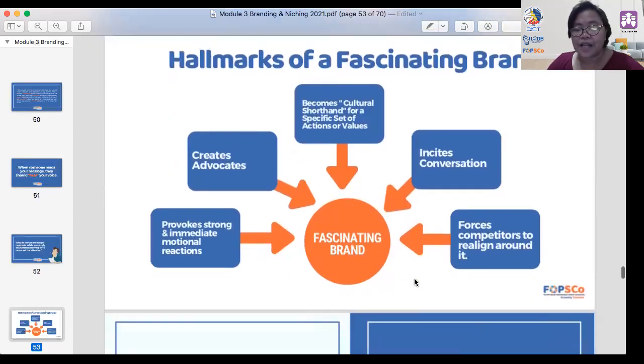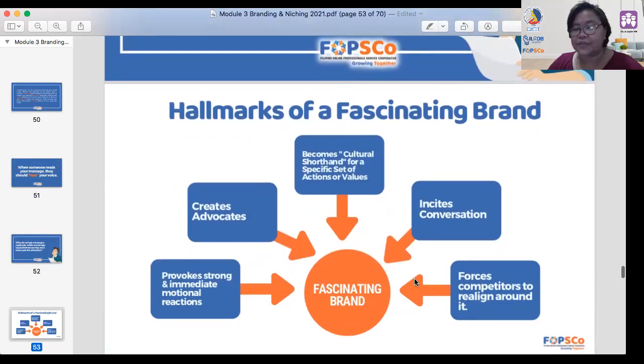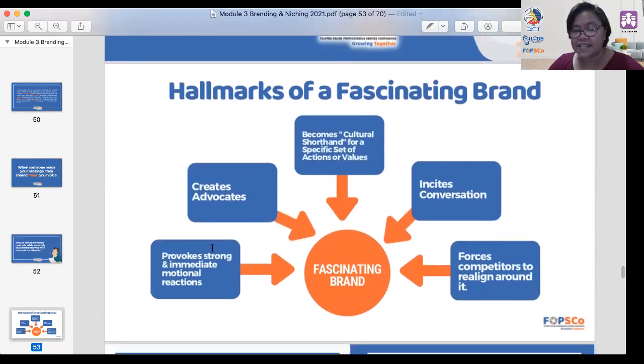So according to Sally Hogshead again, the hallmarks of a fascinating brand: it provokes strong and immediate emotional reactions. It creates advocates, of course. It becomes cultural shorthand for a specific set of actions or values. It incites conversation and it forces competitors to realign around it.